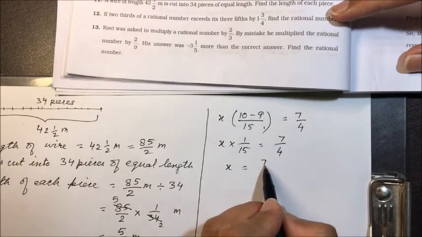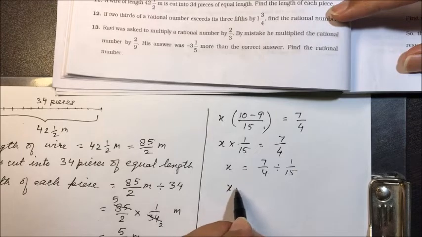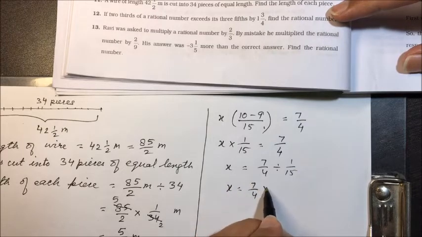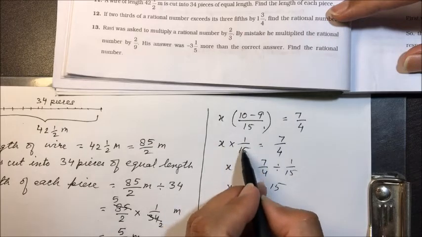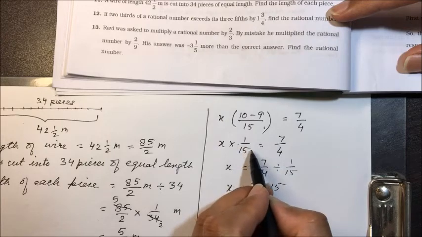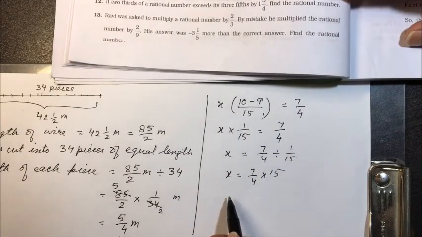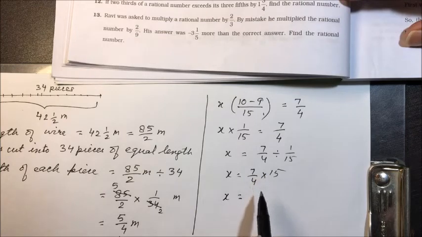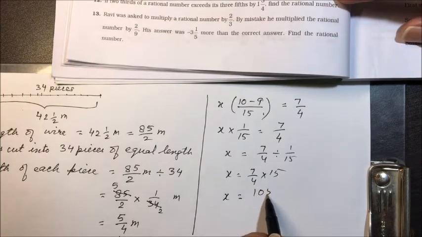x equals 7 upon 4 divided by 1 upon 15, so x equals 7 upon 4 into 15. You can avoid this step: x into 1 upon 15 equal to 7 upon 4, so when we take this to the other side, it will come in the numerator. So x equals 7 into 15, 105 upon 4.